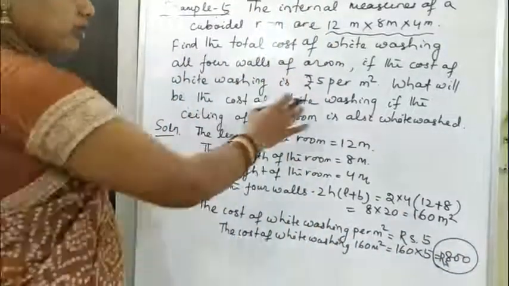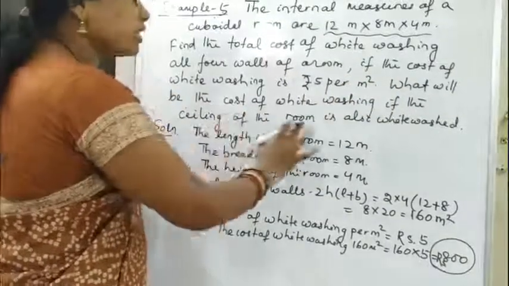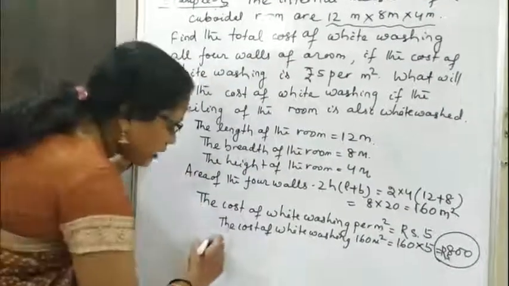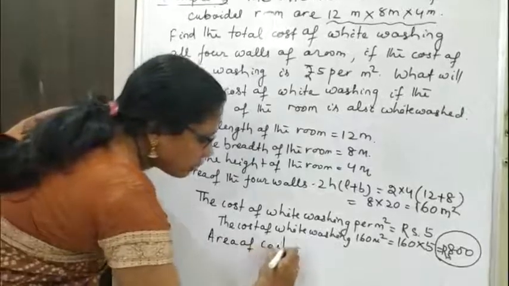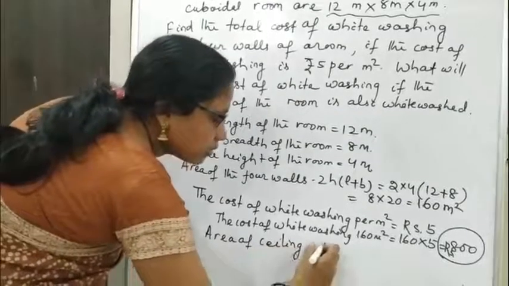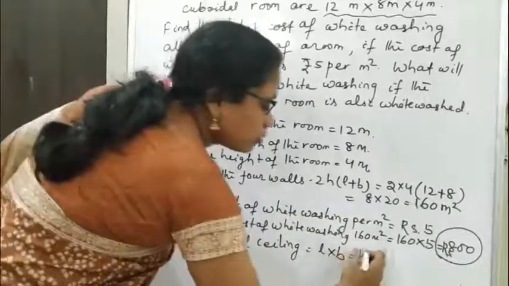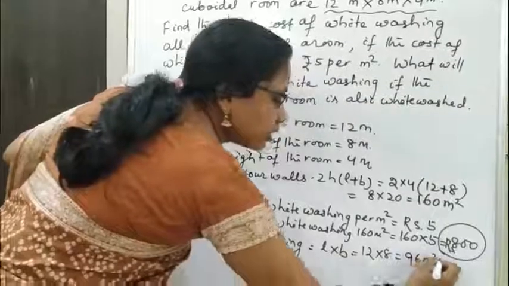Again the question is, what will be the cost of whitewashing if the ceiling of the room is also added? So what is the area of the ceiling? Area of the ceiling is equal to L into B. So that is equal to 12 into 8. That is 96 meter square.